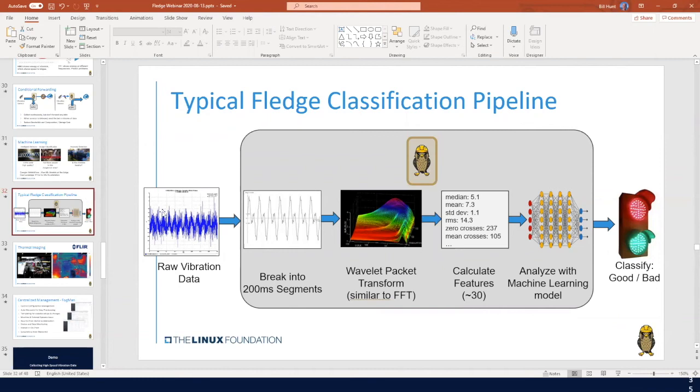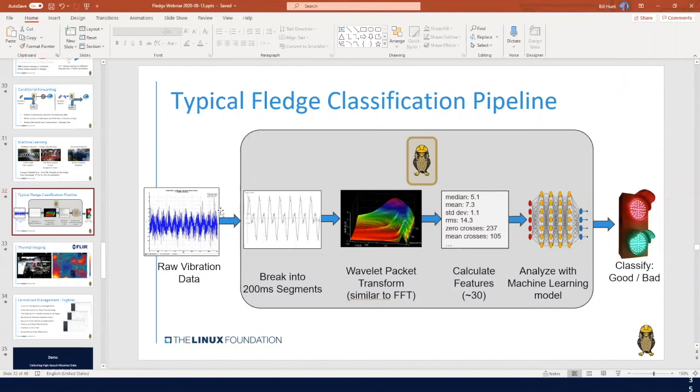The raw vibration data came in. It was broken into 200 millisecond segments, and each of those 200 millisecond segments was broken up into frequency bands using what's called wavelet packet transform. And for each of those 200 millisecond segments, for each one of those frequency bands, a series of features was calculated across each of those buckets, approximately 30 of them.